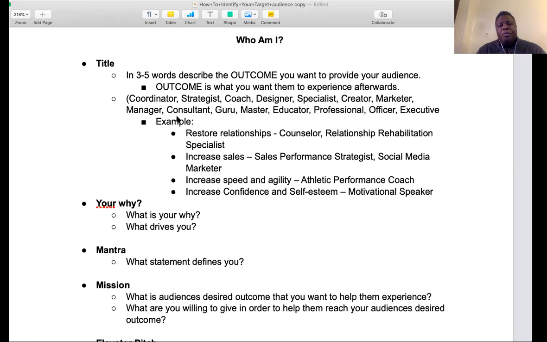What drives you. Part of what drove me to doing this is that, number one, I felt like I had some experience, and even though I'm older, I still have experience, and the value that I bring to the table is my experience, and that's what drives me. I have a unique skill set, and my unique skill set is experience.